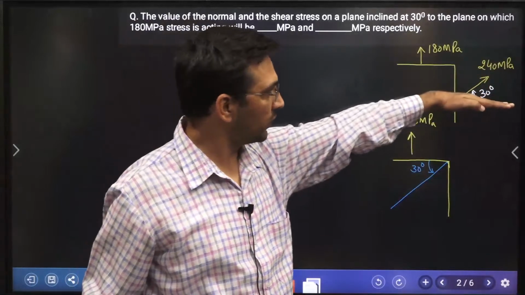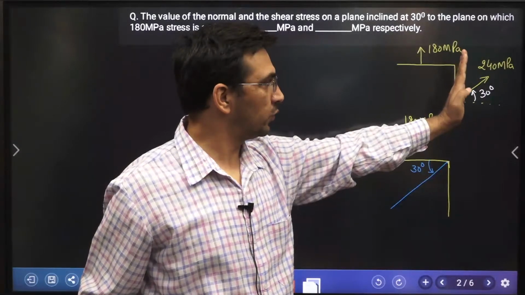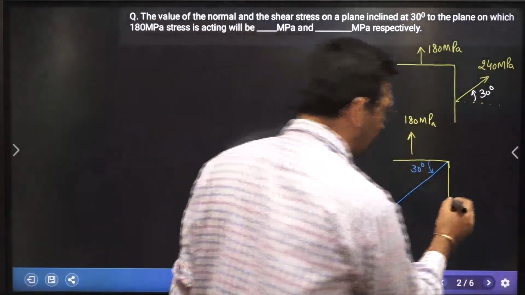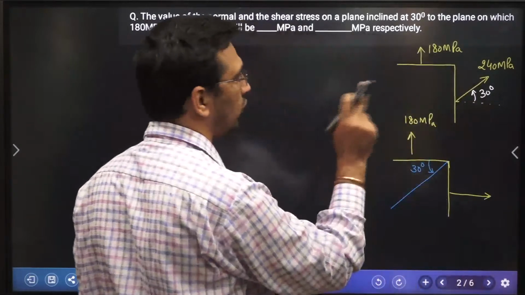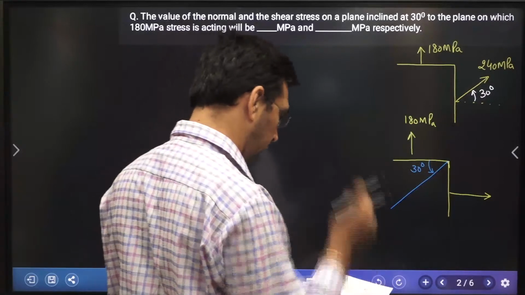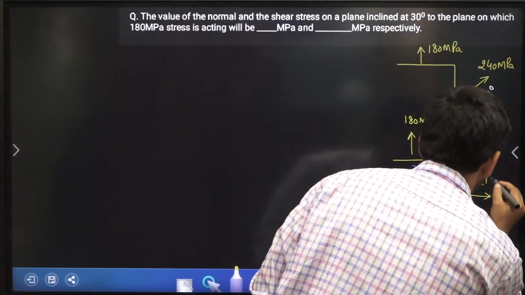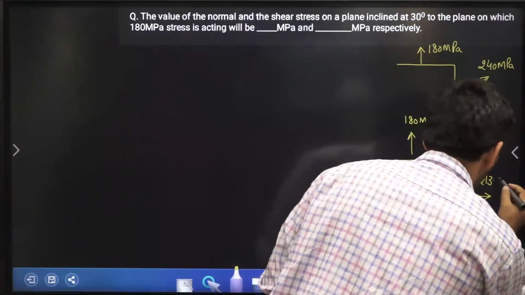So the horizontal component is going to be 240 into cos of 30, and the vertical component is going to be 240 into sine 30. So if you take that value, it will turn out to be one stress, that is 240 into cos 30, it will turn out to be 213.84 megapascal.